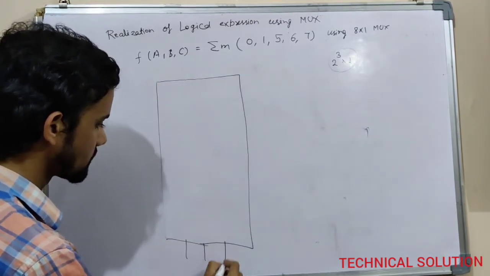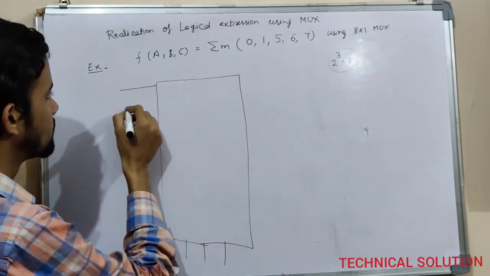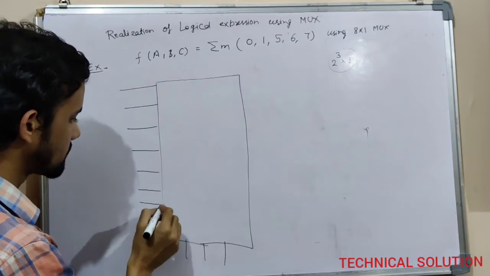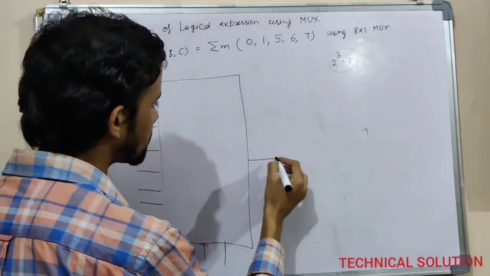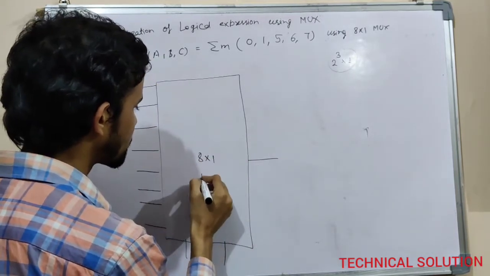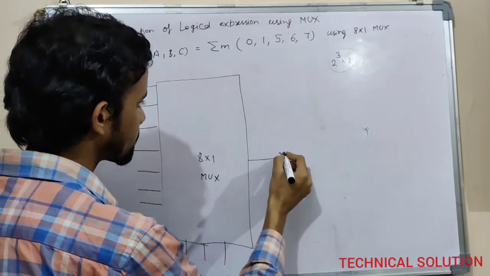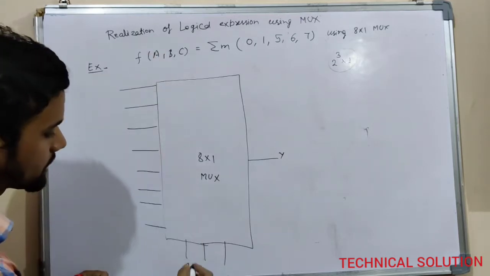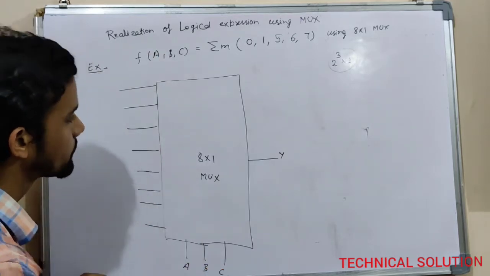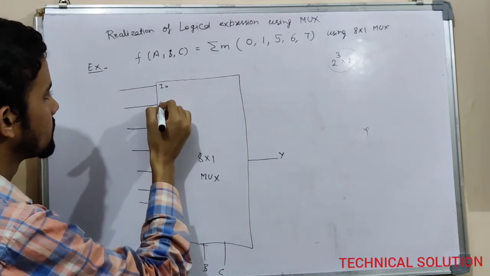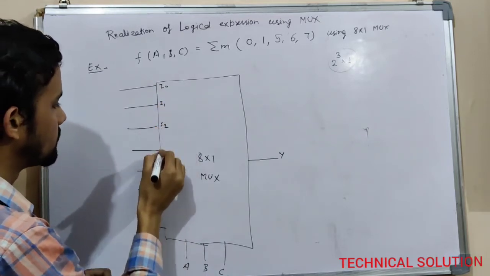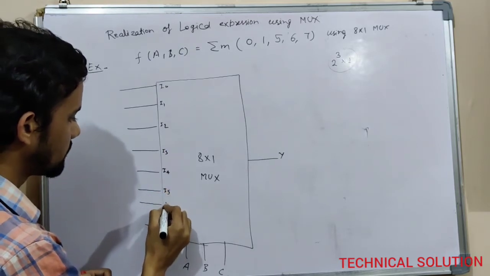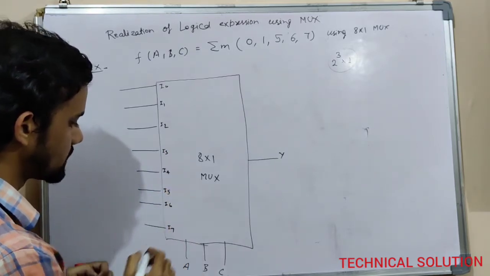There are 8 inputs, 1 2 3 4 5 6 7 8, and 1 output. The selection lines are A, B, C, and the inputs are I0, I1, I2, I3, I4, I5, I6, I7.